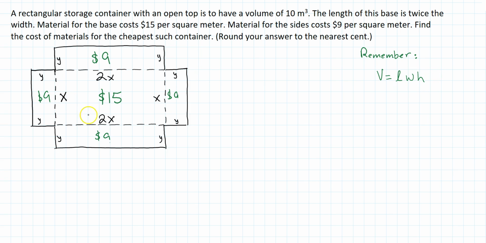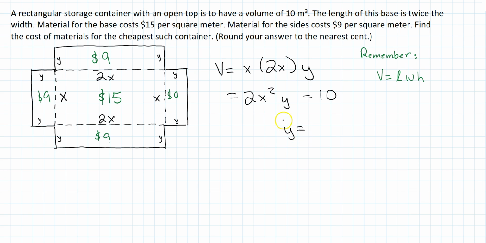And so we've got all of those things here. So our volume is going to be length times width, so that's x times 2x times y. Well, that's just 2x squared times y. And they've also told us that that equals 10 cubic meters. So that equals 10.